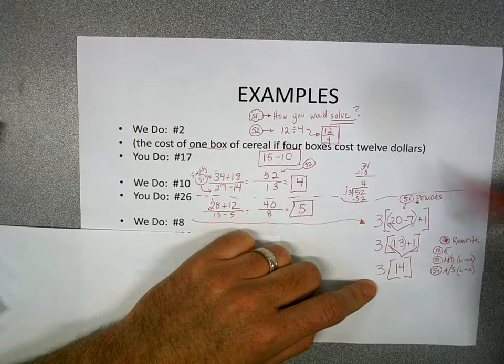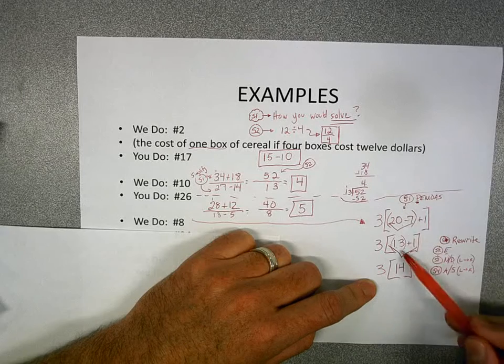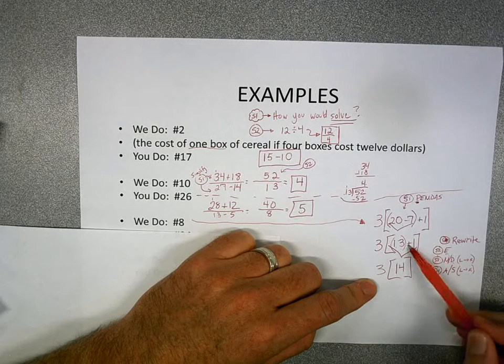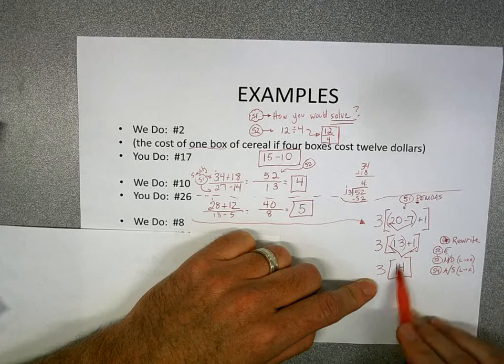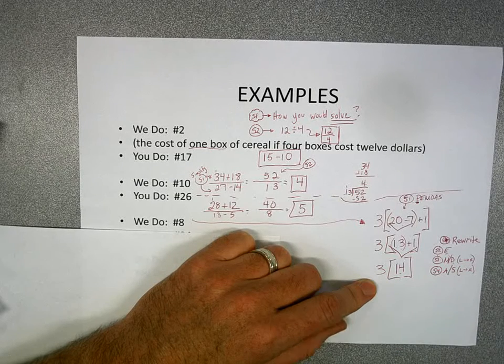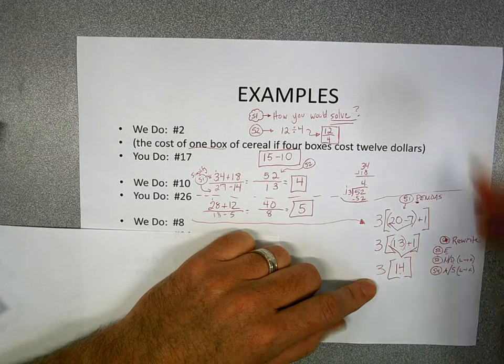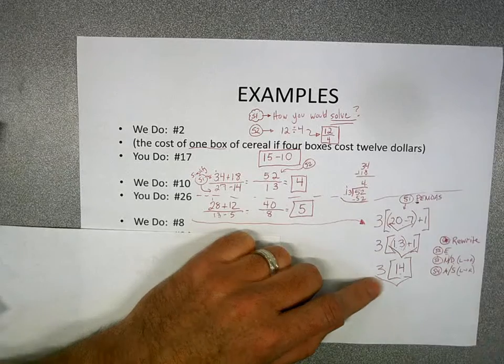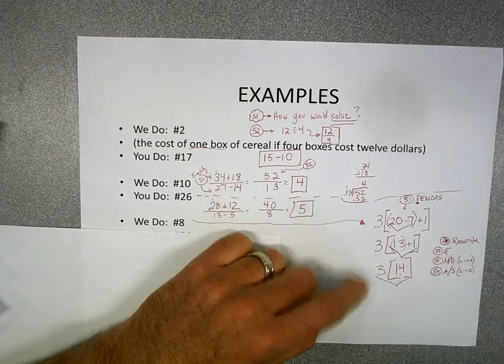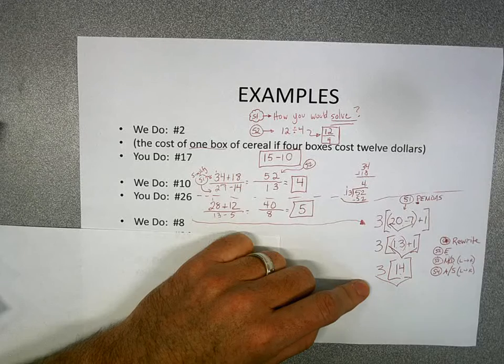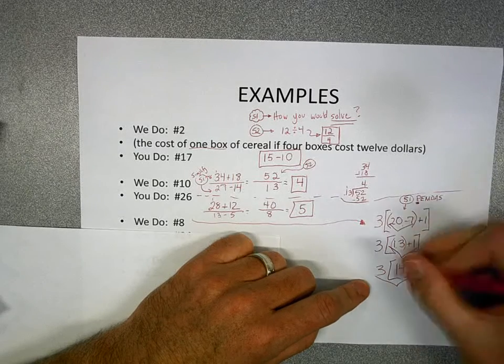So we did the innermost parentheses, solved it. We still have one problem to simplify in parentheses. We go ahead and simplify that. And so now we have 3 times 14. All right. And now, because these brackets are basically parentheses, we just have a number next to parentheses, which means it's multiplication. So one last calculation to make.